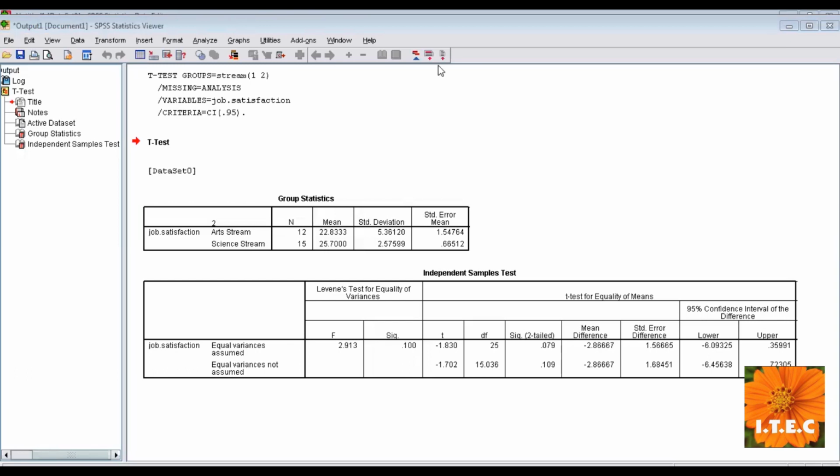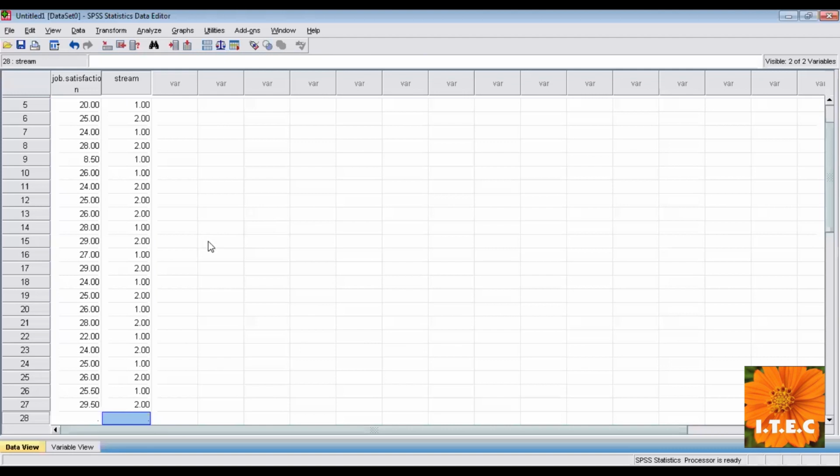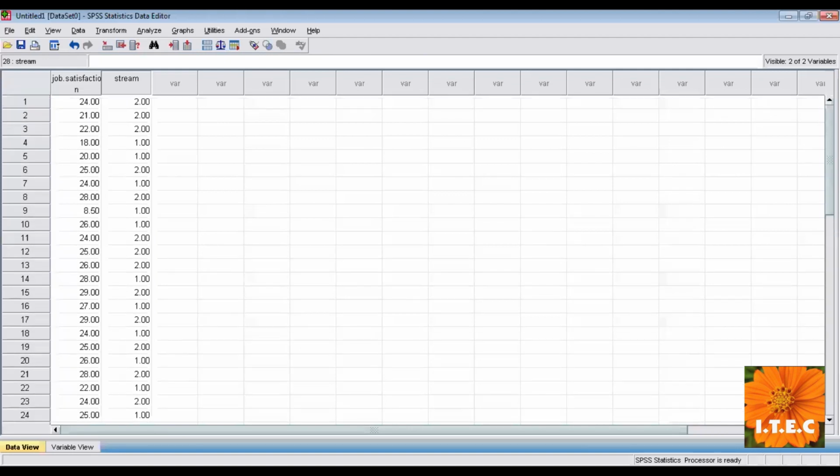I want to explain to you if it is significant, then what should we do? So let me change some of the values. I'm changing the values, let us say.